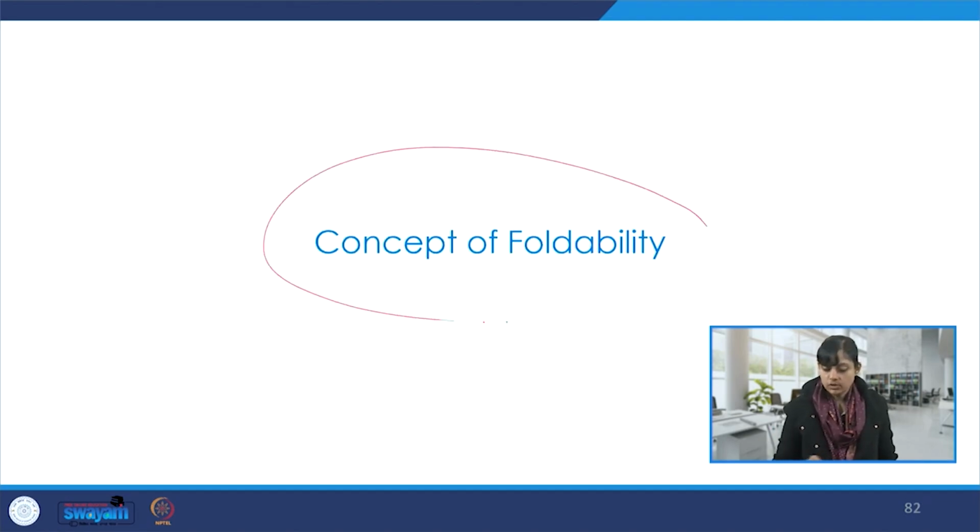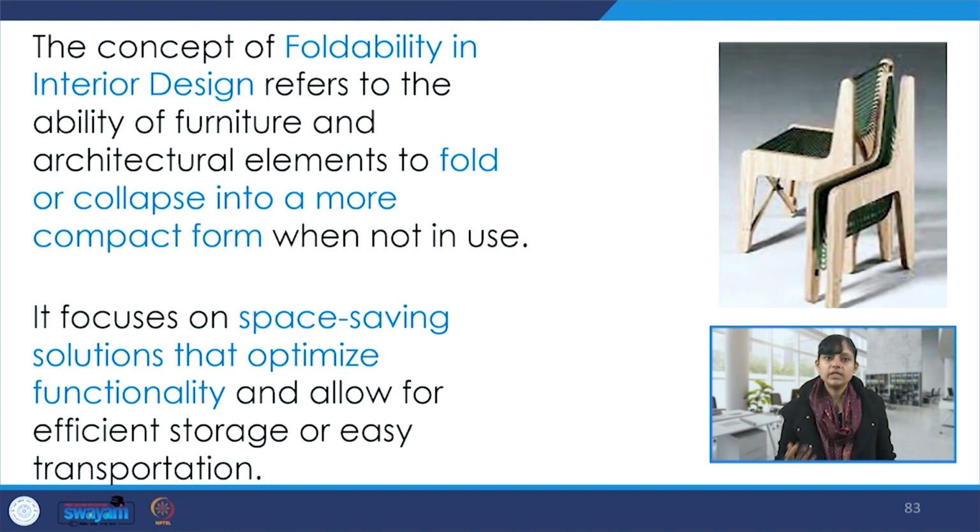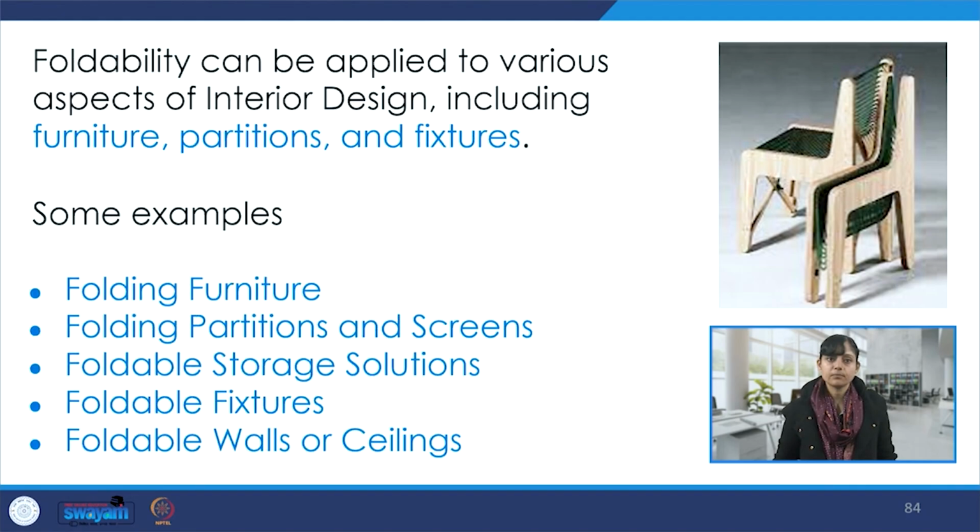Then we talked about the concept of foldability, and we discussed how it is also an important concept. It focuses on space saving, it provides solutions that optimize functionality and multi-use within a space. Also, it allows for efficient storage plus easy transportation. So it's quite crucial when we talk about interior architecture projects.